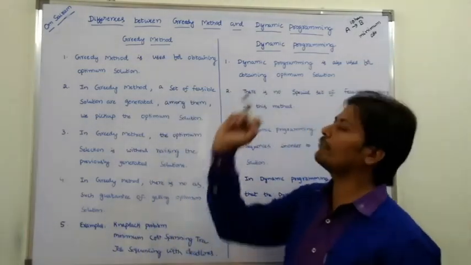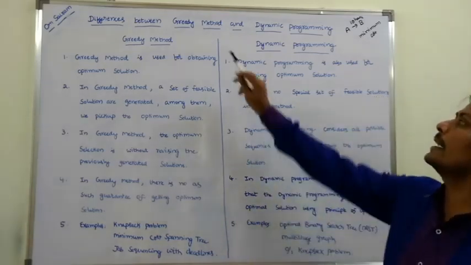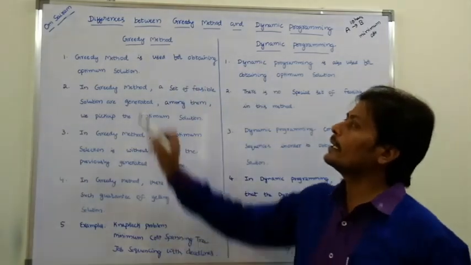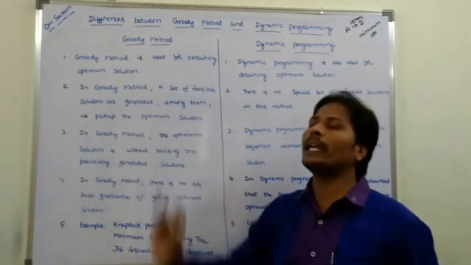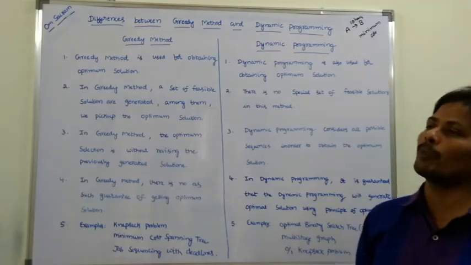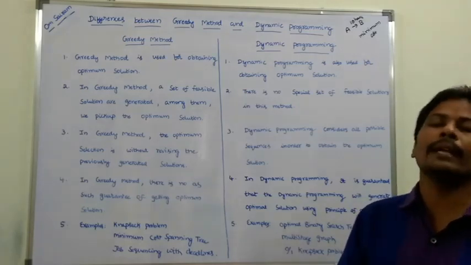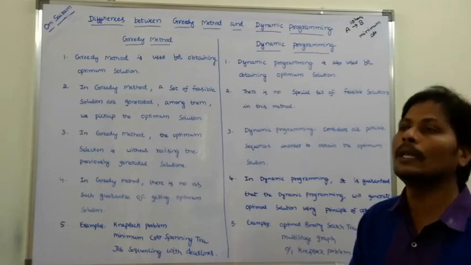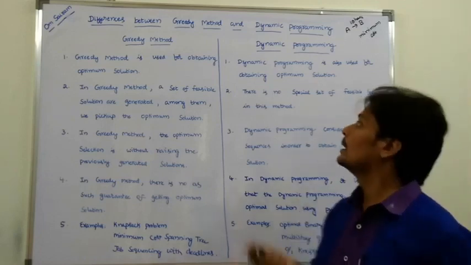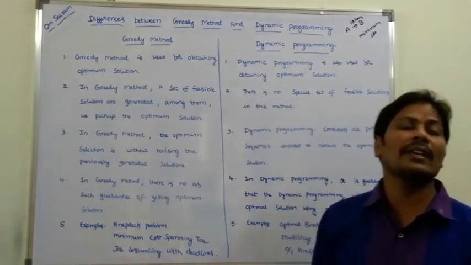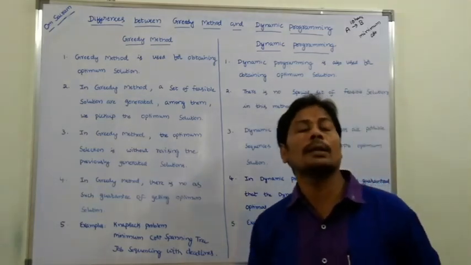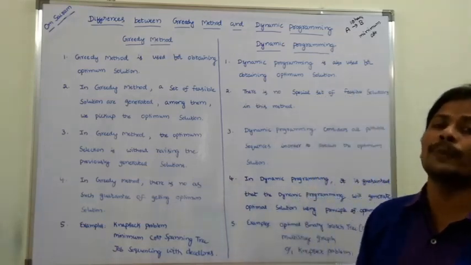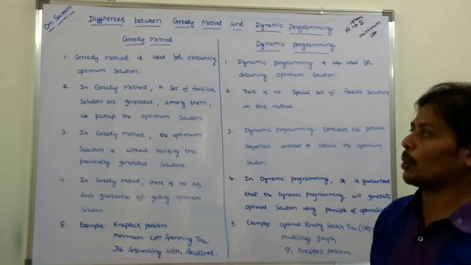Next we can go for the differences between the greedy method and dynamic programming. First, the greedy method is used for obtaining the optimal solution for a given problem. Dynamic programming is also one of the algorithm design techniques, and it is also used for obtaining the optimal solution to the given problem.